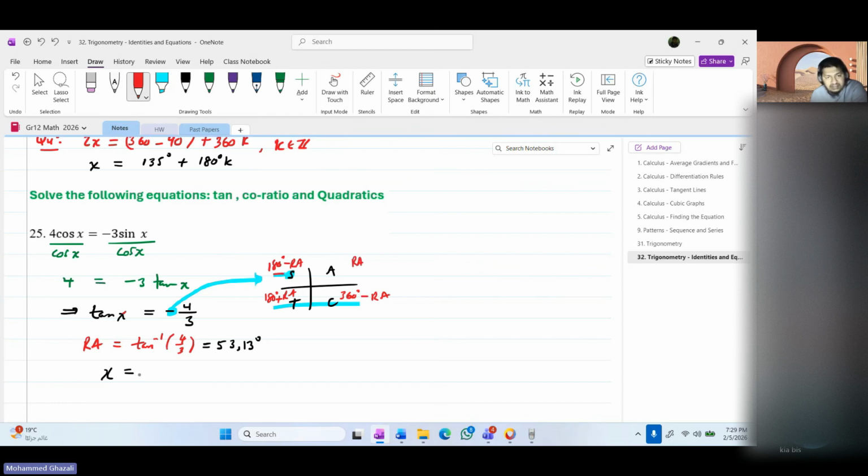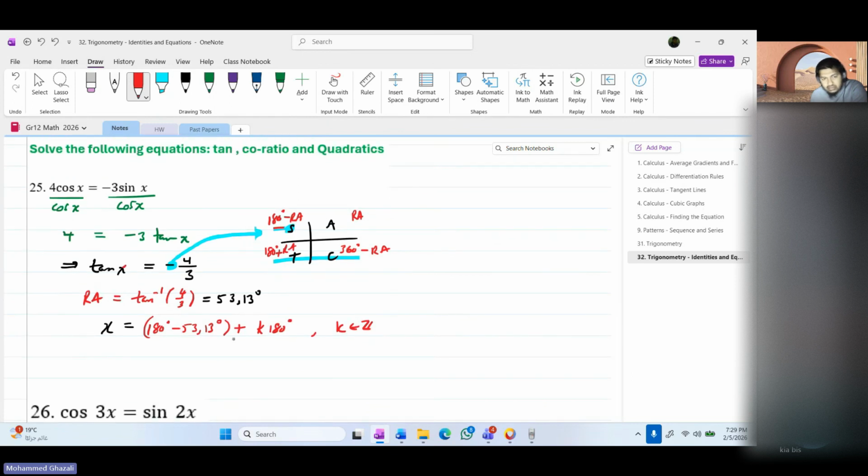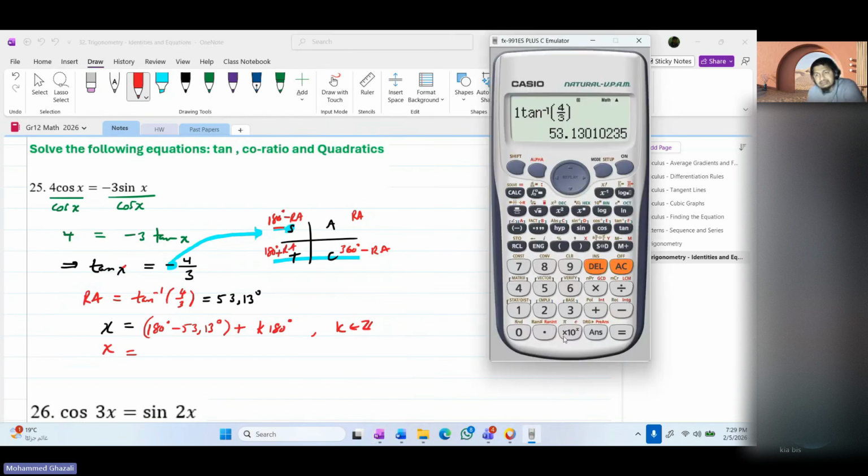So take 180 minus the reference angle, which is 53.13 degrees, plus 180K, because the period of tan is 180. Now that's it. That's all you need to do, because there's only one general solution for tan.